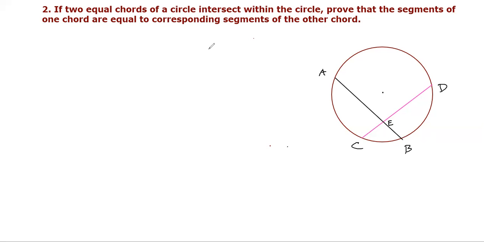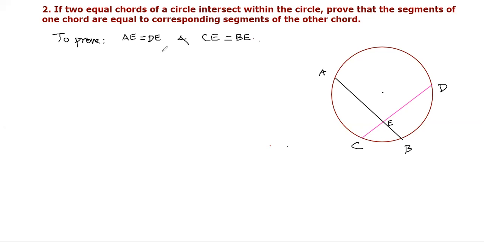Means we have to prove one segment AE will be equal to DE, and the second part, BE equal to CE.